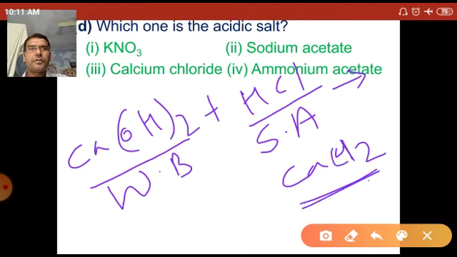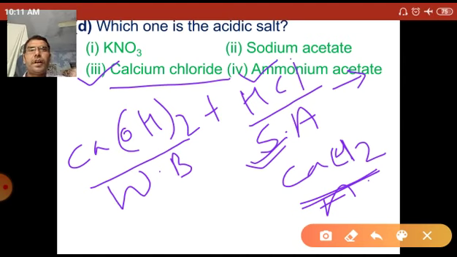These salts have an acidic nature because they are made from the strong acid. So calcium chloride is an acidic salt because it is formed from the strong acid HCl. So the right option is the third option.